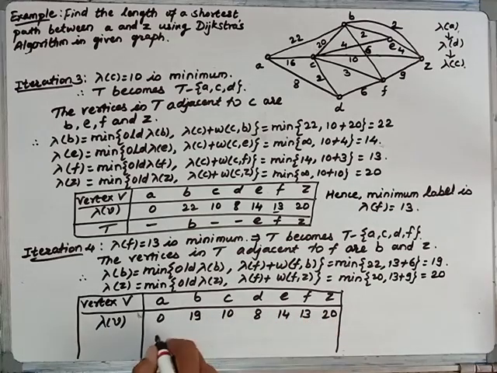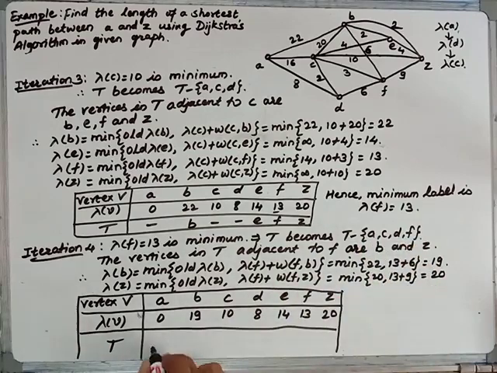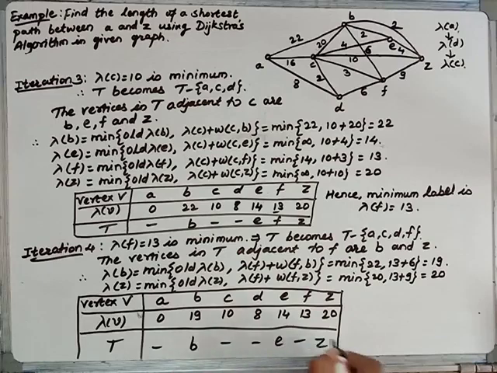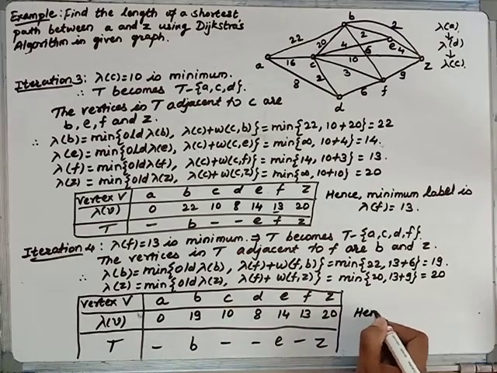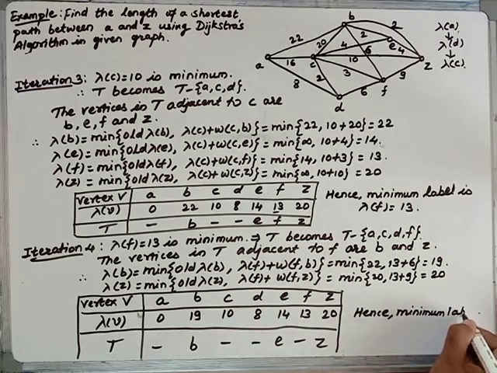Now what is T? T is T minus A, C, D, F. So B, E, Z. What is the minimum among B, E, Z? Lambda of E is minimum. Hence the minimum label is lambda of E, which is 14.